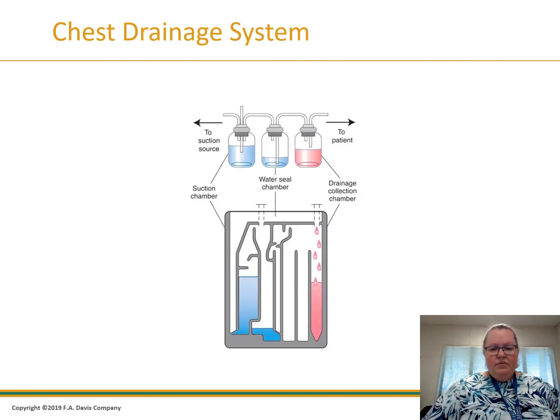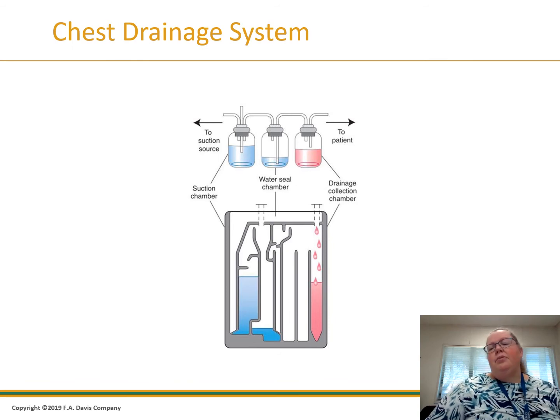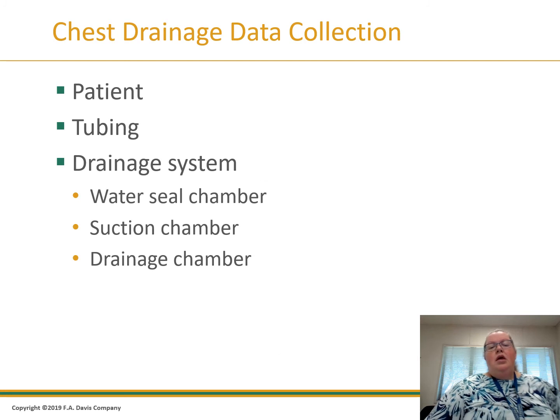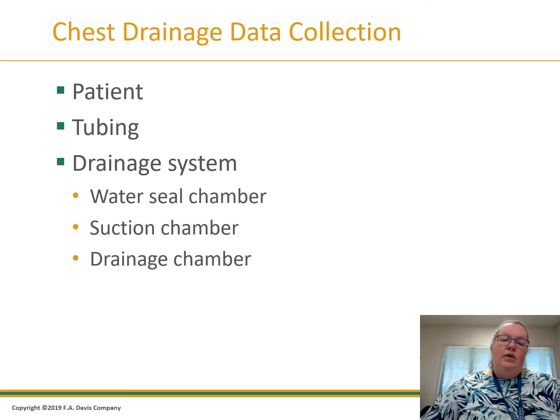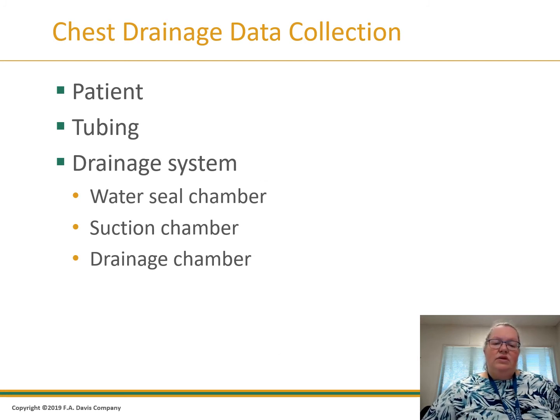Here it is: water seal chamber, suction chamber. This doesn't really do it justice, but the drainage goes here and collects in these three. We measure them each shift for intake and output. It is part of the intake and output. So we need to get data collection. We need a patient. We need tubing.